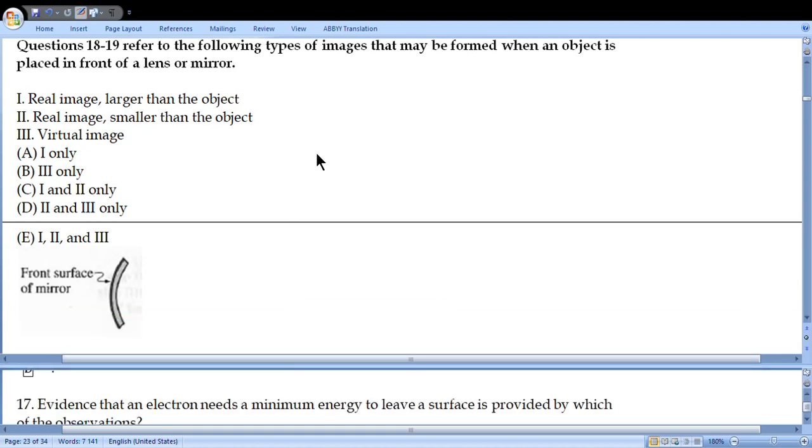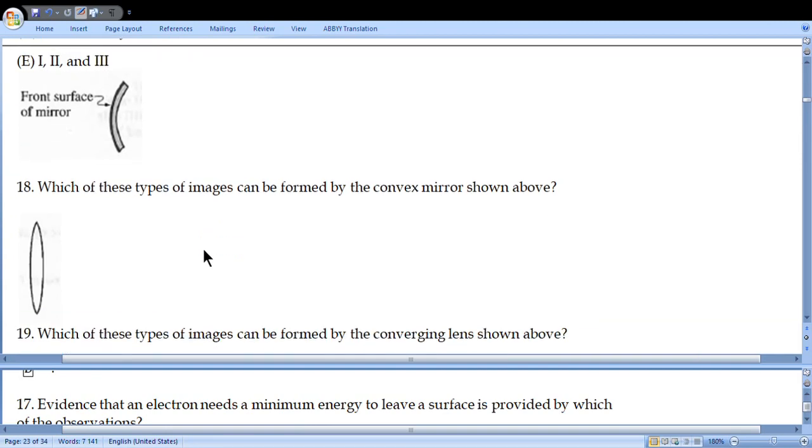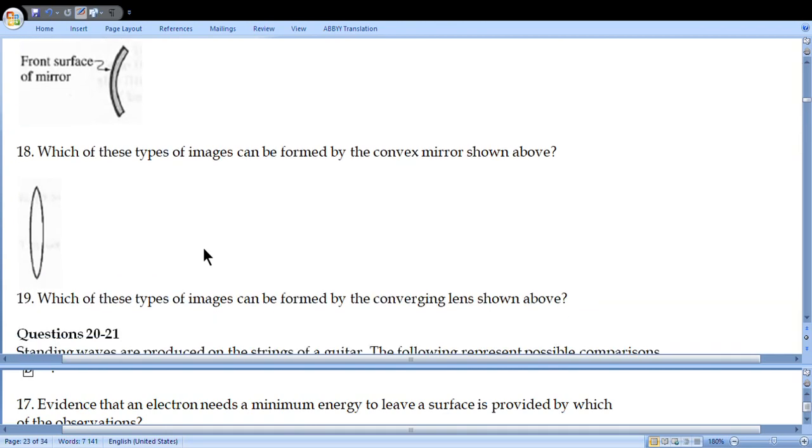Questions 18-19 refer to the following types of images that may be formed when an object is placed in front of lens or mirror. So here we have real larger, real smaller, virtual, and let's look at the question. Which of these types of images can be formed by a convex mirror shown above?